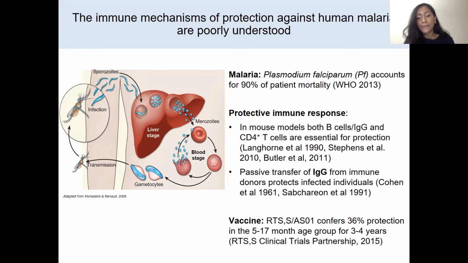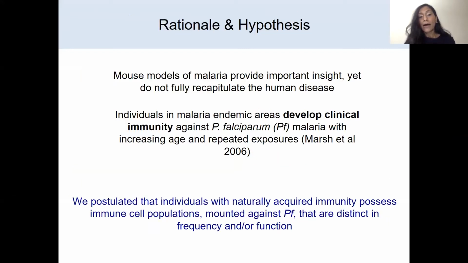So on the next slide, I just want to summarize that our rationale and hypothesis was that if we look at individuals who live in malaria endemic areas, who we know historically through studies that have been done, and also work that I will show you here today, those individuals seem to develop clinical immunity against P. falciparum malaria, likely owing to repeated exposures to the parasite, having lived in those areas through their lifetime.